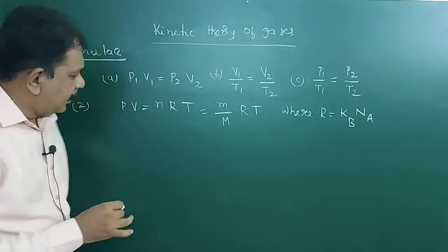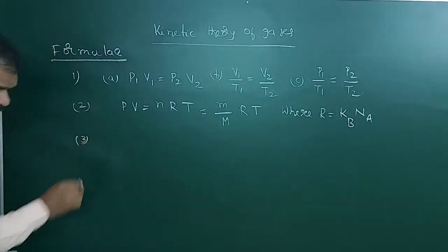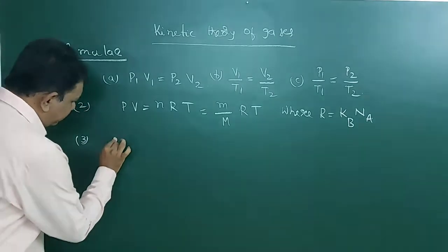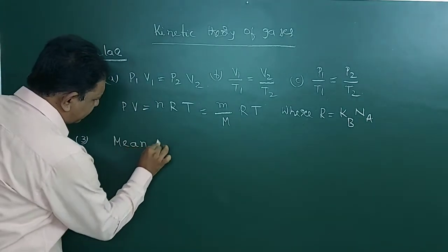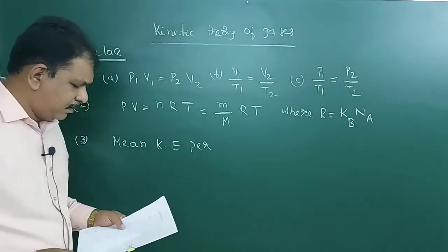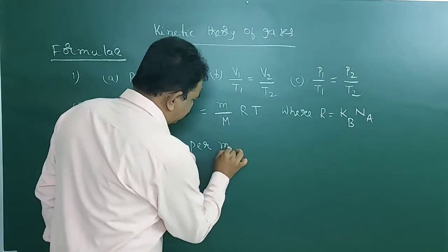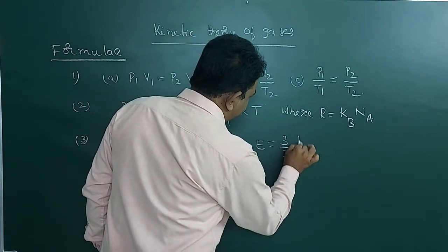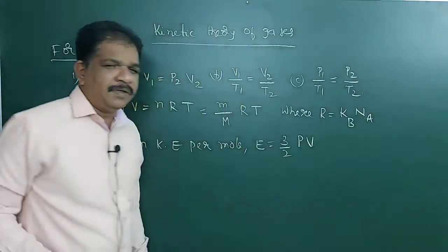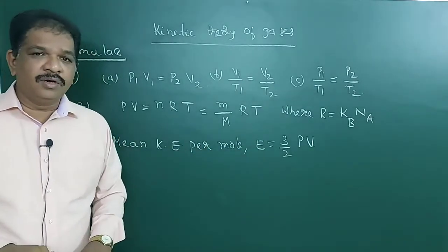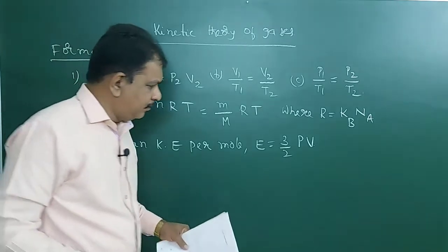Okay. Next, third one, mean KE of the gas per mole is equal to 3 by 2 PV. Mean KE of the gas per mole, that is 3 by 2 PV.